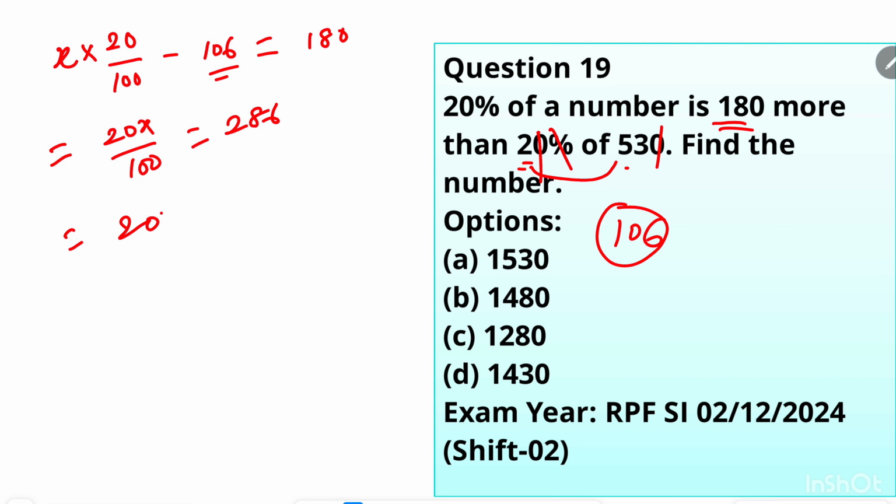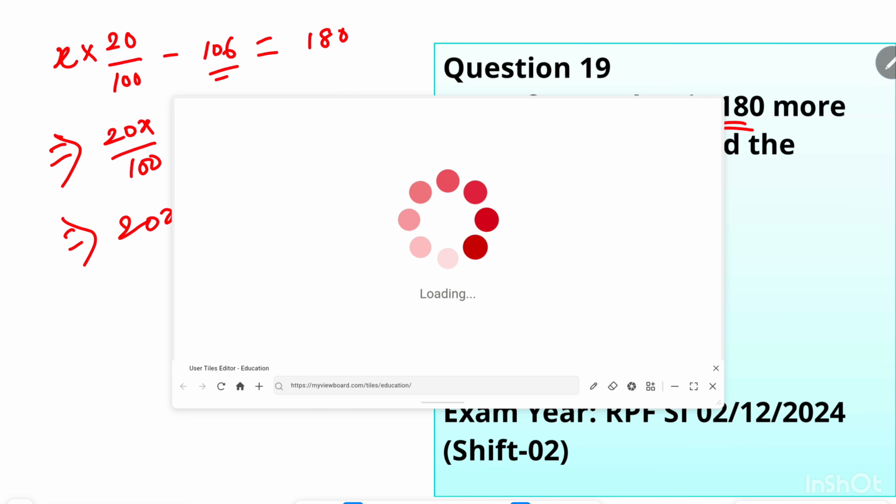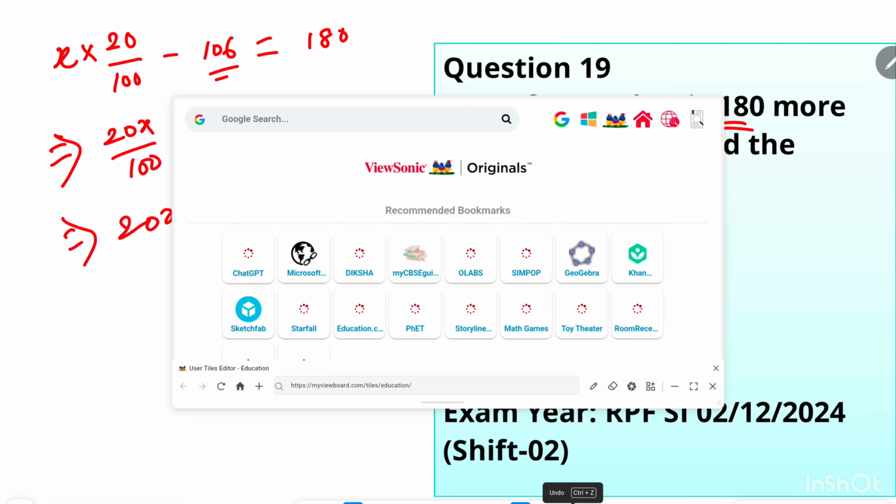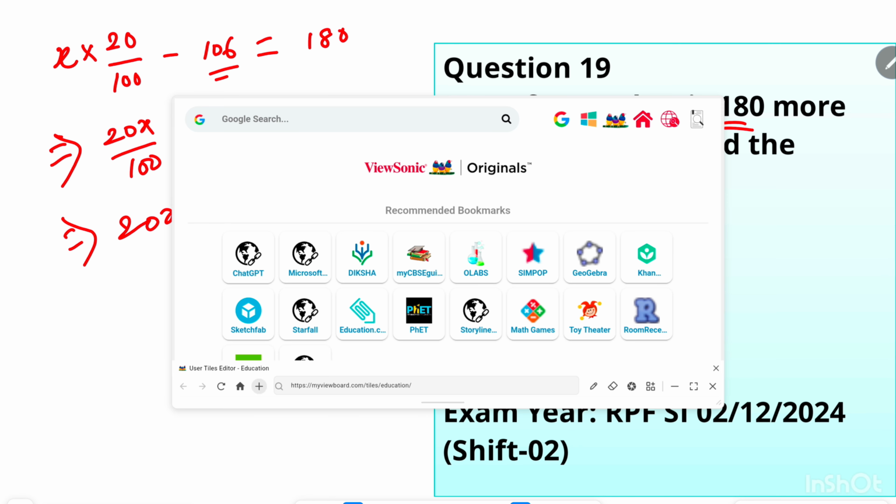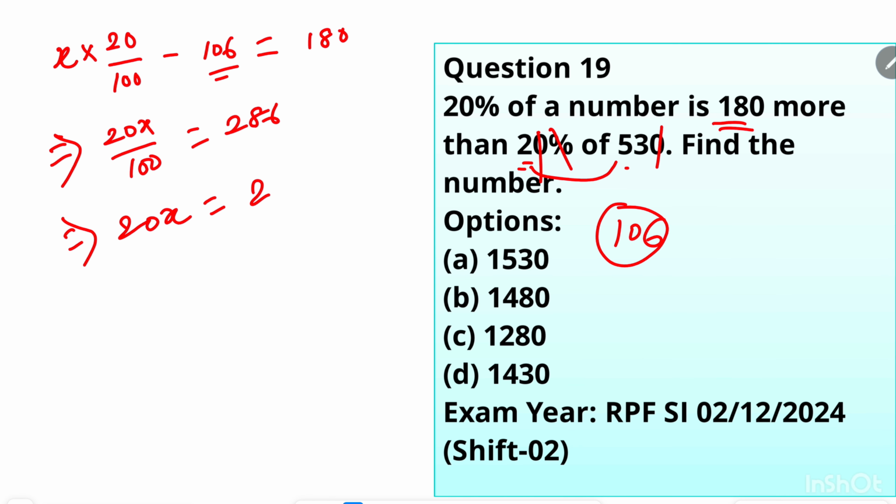Then 20x equals 286 divided by 100, and what will the value of x be?